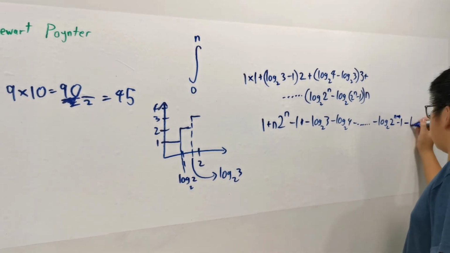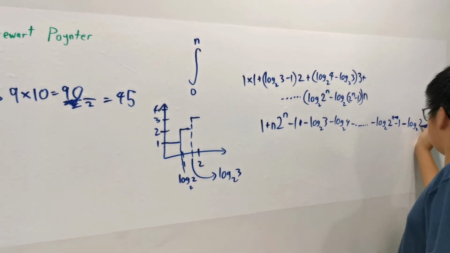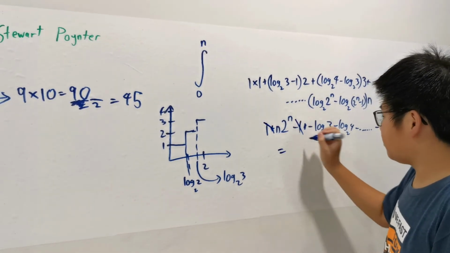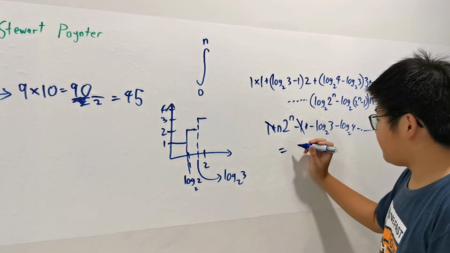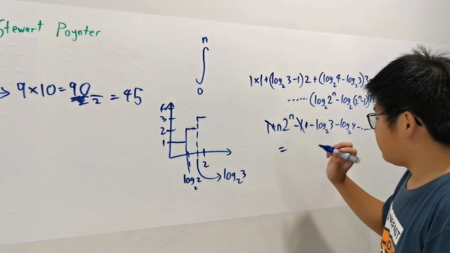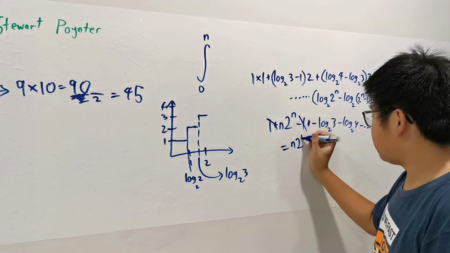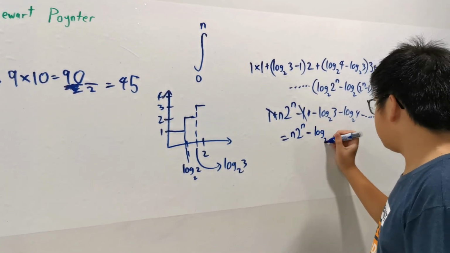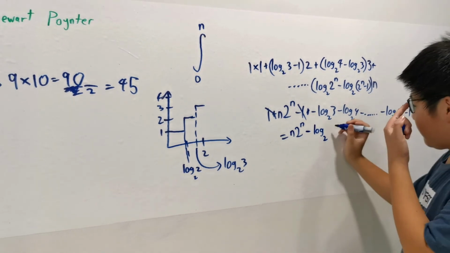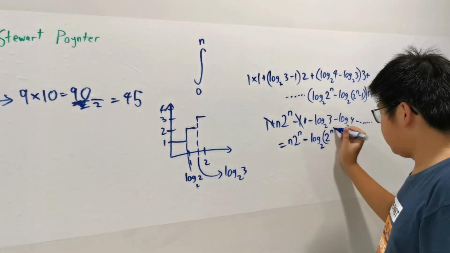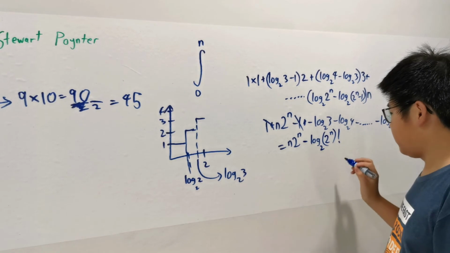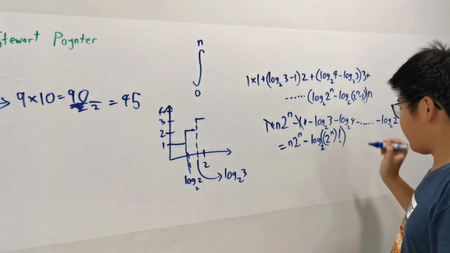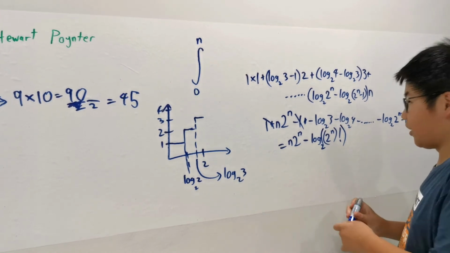Minus log 2 of 2 to the power of n. Understand? Now the 1s cancel out. So that means n times 2 to the power of n minus the log of 2 to the power of n factorial. An interesting thing, right? Besides the factorials, it goes in the log sign so you don't get confused.